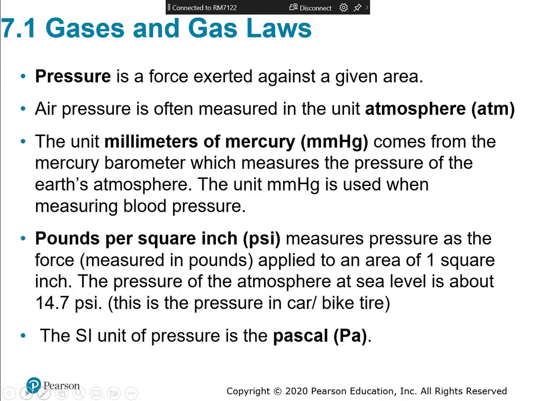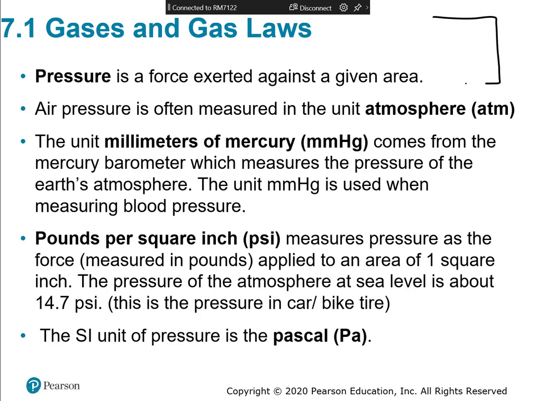So in doing measurements on gases and changes they undergo, there are three basic things that you talk about. You talk about their temperature, the amount of space they take up, their volume, and you talk about pressure. We don't really talk about pressure with liquids and solids because pressure is based on the amount of force that a gas exerts against the walls of its container.